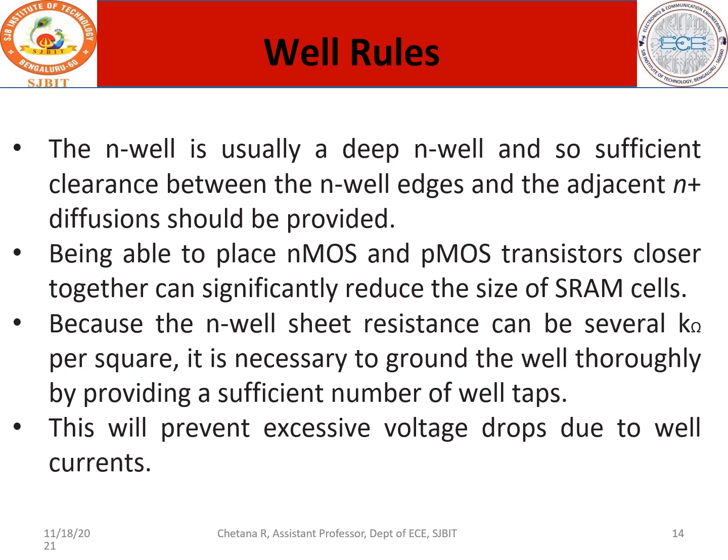Once the well is deep enough, you will be able to place the NMOS or PMOS transistors so that there is no overlap and there is sufficient edge space. The sheet resistance of the N well can be several kilo ohms. Normally it is 10K, it can be more than 10K per square.